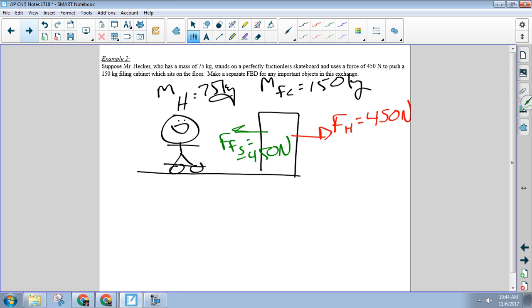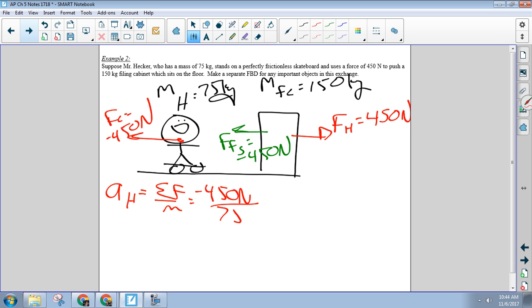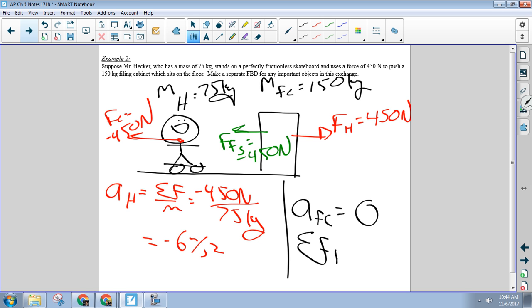Now, what about me? If Hecker pushes the cabinet, then the cabinet pushes Hecker, right? Cool. And now you can find the acceleration by just doing net force over mass. Does that give you a negative 6? And over here, the acceleration of the filing cabinet is 0 because the net force on the filing cabinet is 0 because of friction.